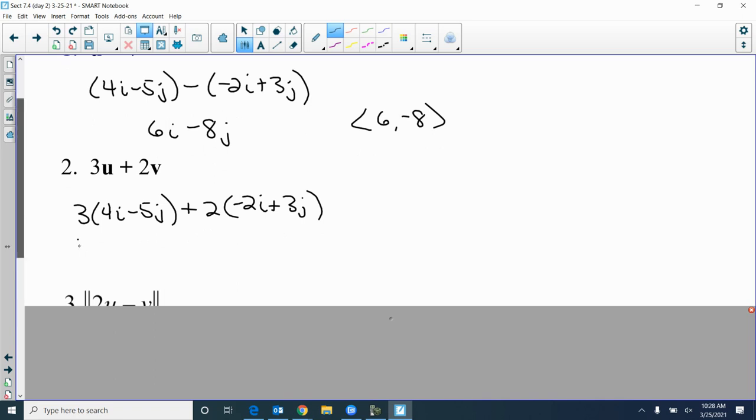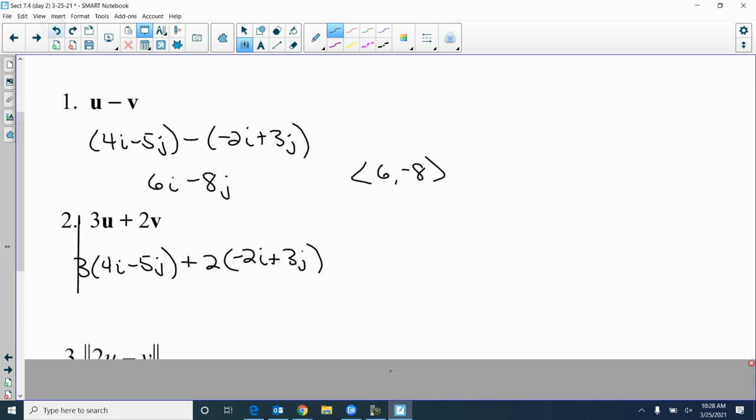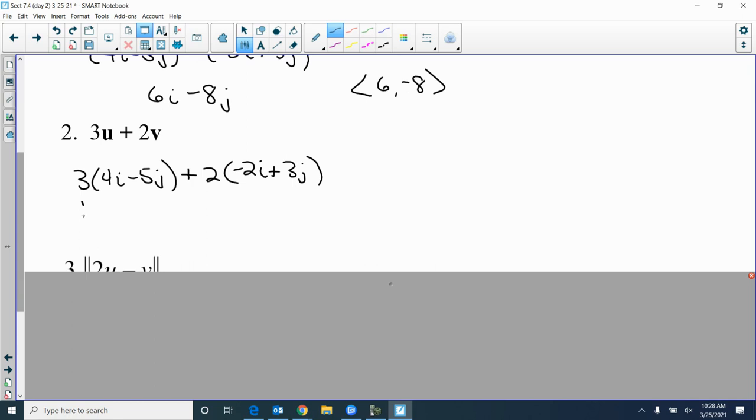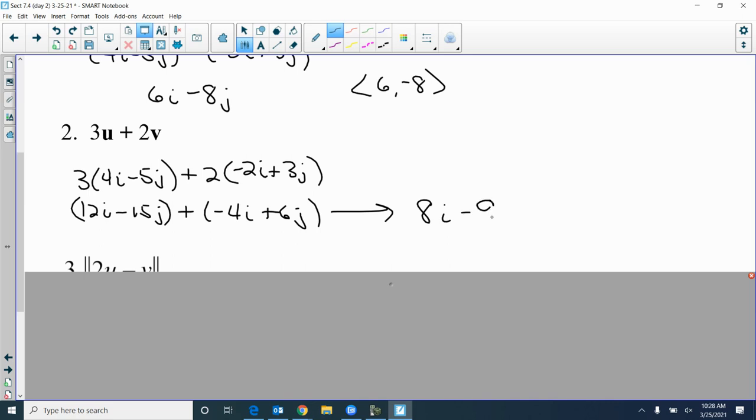And then that gives me 12i minus 15j plus negative 4i plus 6j. And what do I end up with? 12 minus 4 is 8i. And then negative 15 plus 6 is going to give me negative 9, minus 9j. Okay, so you get 8i minus 9j.